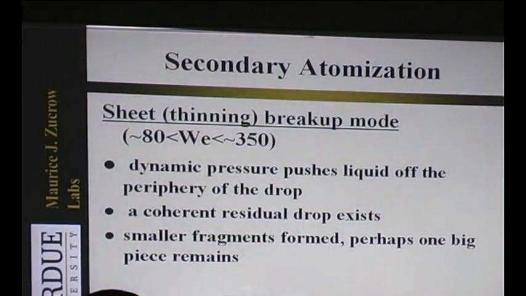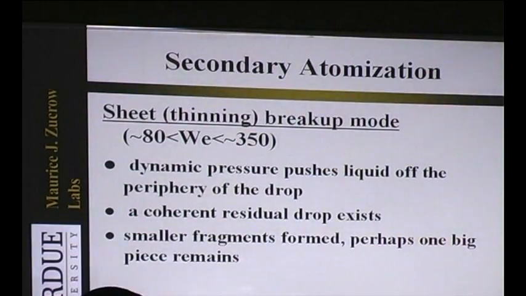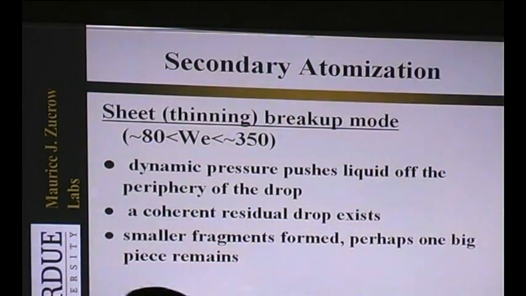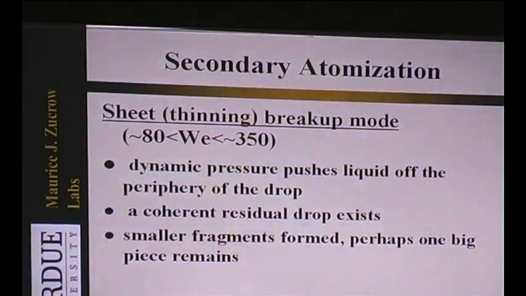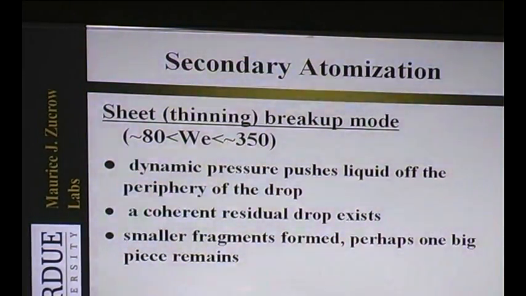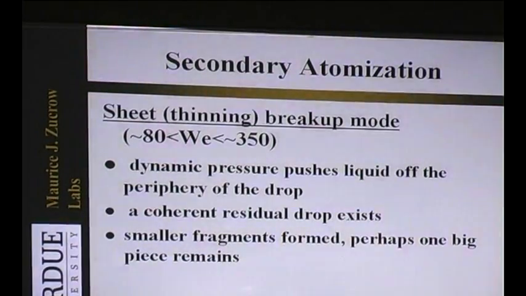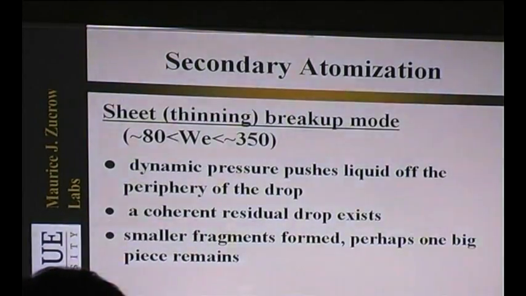The next mode, the so-called sheet thinning, or what used to be called shear stripping mode, was a point of controversy for quite some time because early work by Ranger and Nicholls indicated that this was actually a viscous-dominated process, a viscous boundary layer stripping mechanism for the gas flow over the top and bottom of the drop. But more recent work by Reitz and his colleagues up in Wisconsin showed that, in fact, that's not what happens.